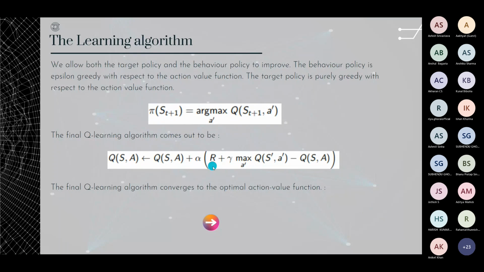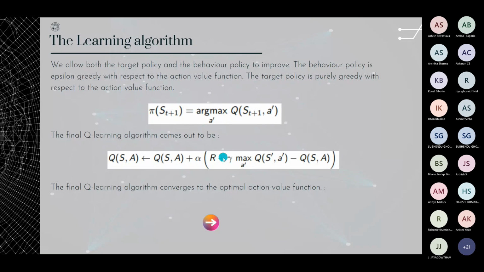Here R is the reward that you get from the behavior policy that you follow, and gamma, again, is the discount factor. Gamma times max of Q of s dash, a dash is the Q value of the state s dash, the future state you're going to land in, based on the future action that you take. Max means you want to go to the maximum possible value of the action value function over all the future states you can go to. This term comes from the target policy that we want to train.